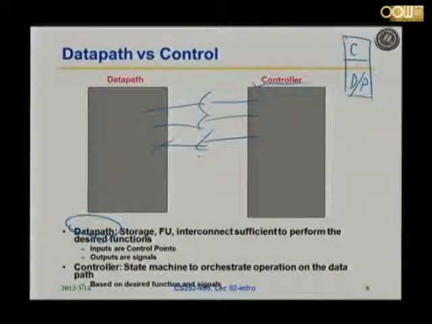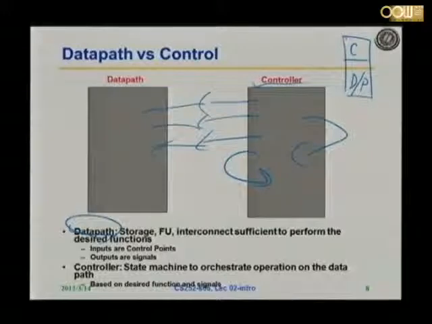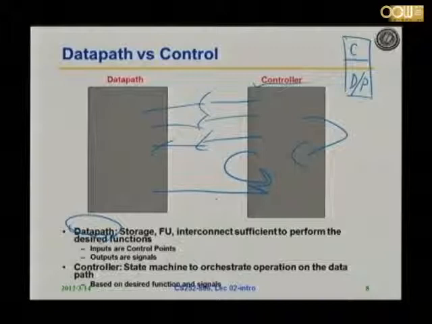Also, commands may be sent to the controller itself. Also, messages may be sent back from the data path to the controller, telling it what's happening, what reaction it should take. So that's the controller. So what's inside of the controller?